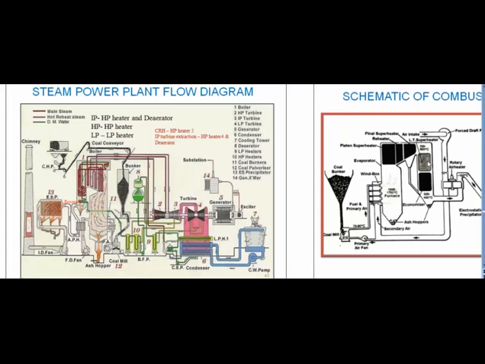It passes through the LTSH, that is the low temperature superheater, then through the economizer, and finally this flue gas goes through the air preheater.